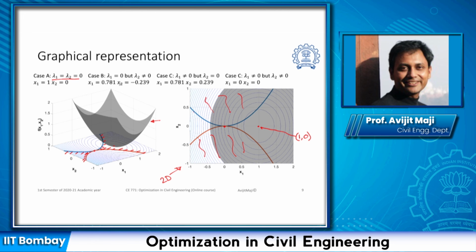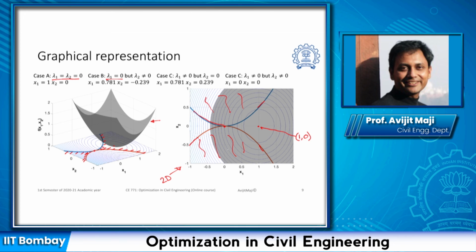Say constraint 1 is inactive but constraint 2 is active. When we say the constraint is active, we mean my solution is going to lie along the boundary of the constraint, which in this case for constraint 1 is this blue line, and constraint 2 is this orange line. So this is the extreme case when it becomes active.